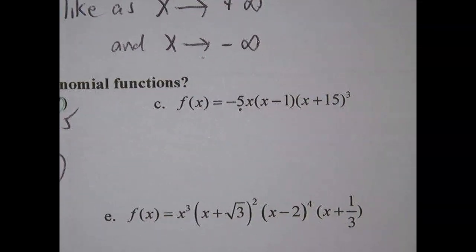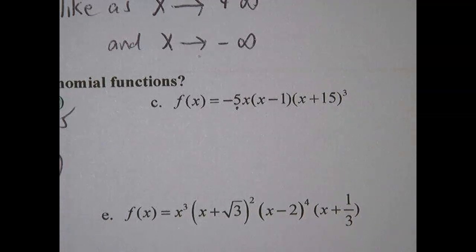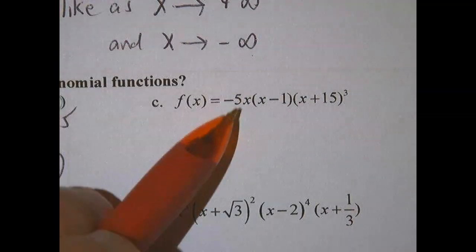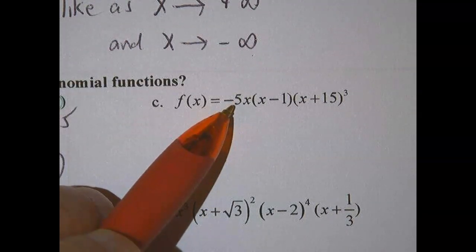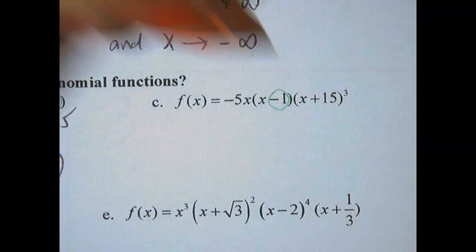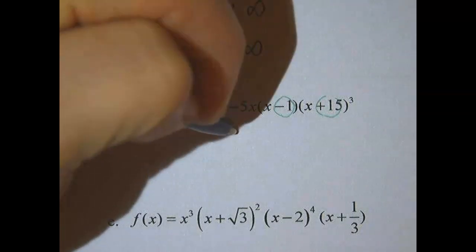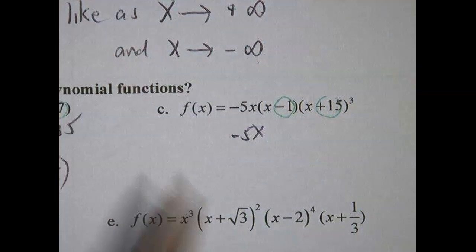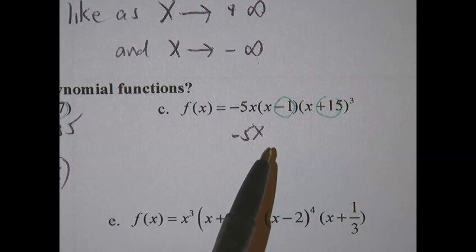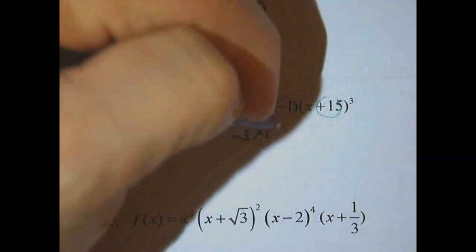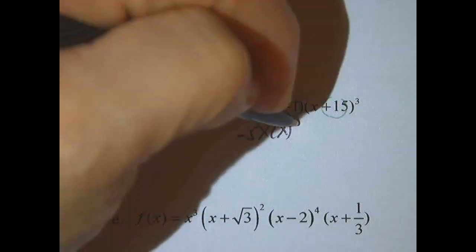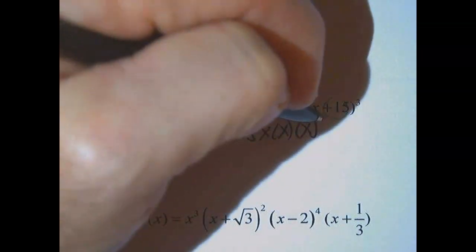So let's try it for part C. Let's collapse away. Now this negative 5 is being multiplied, so I'm not going to get rid of that. I need that. I'm going to collapse away that, and I'm going to collapse away that, so those are just going to disappear. So I'm going to rethink this as negative 5x, and this is not the whole polynomial, but this will definitely give me the first term, times just x, and this one is x to the third, so times just x to the third.